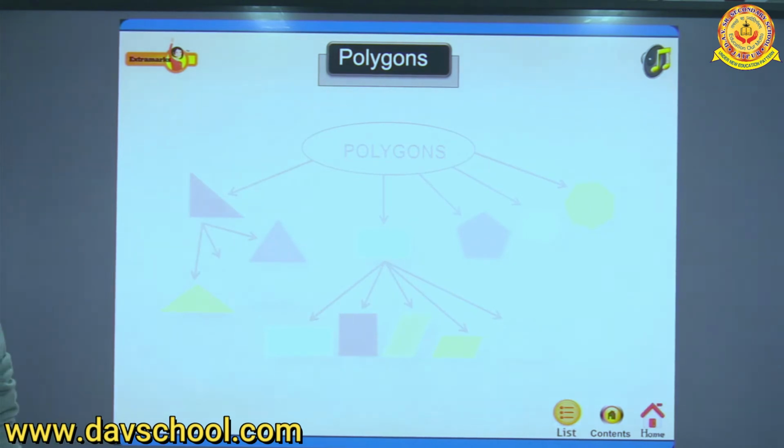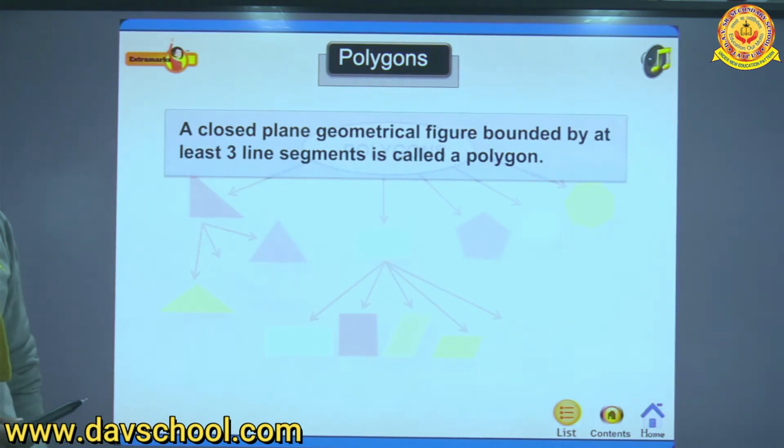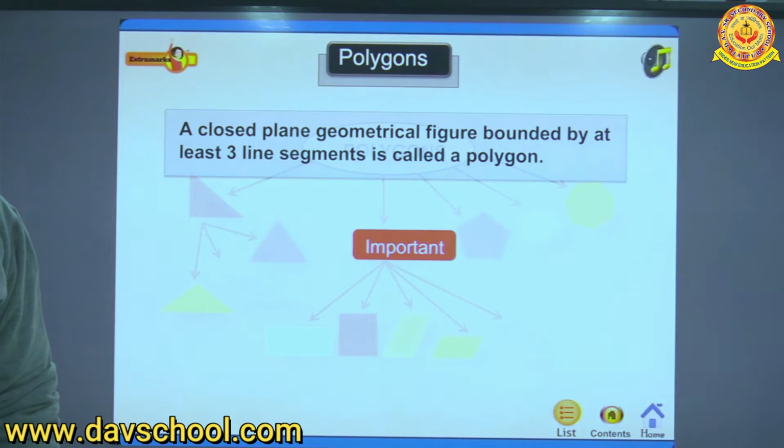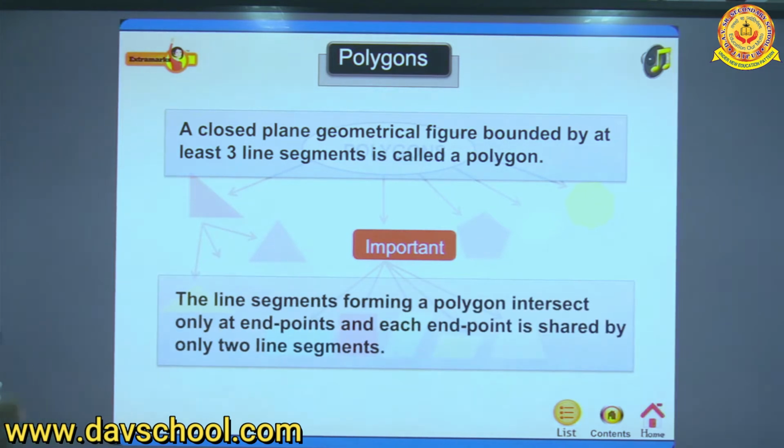Okay, now this is the classification of the polygon. As we know, a closed plane geometrical figure bounded by at least, that means starting from, 3 line segments is called a polygon. Now we know that poly means many, but how many? It can be any, right?